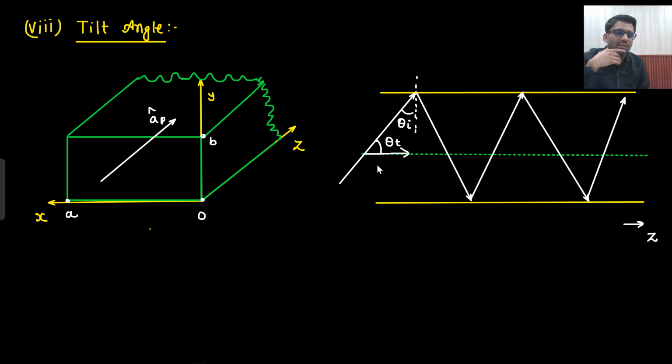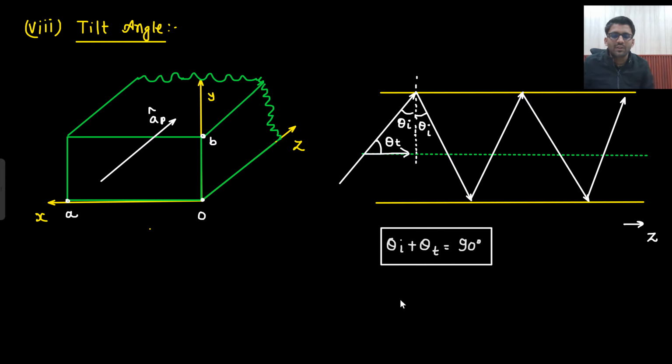You understood? Now this is my incident angle on the conducting plate, so the reflected angle will also be the same. If I make a triangle here, theta i plus theta t would be 90 degrees, right?